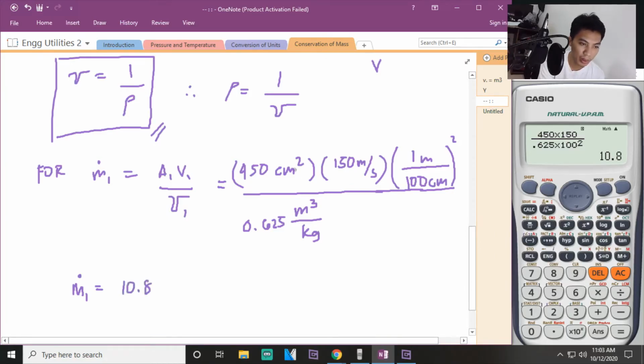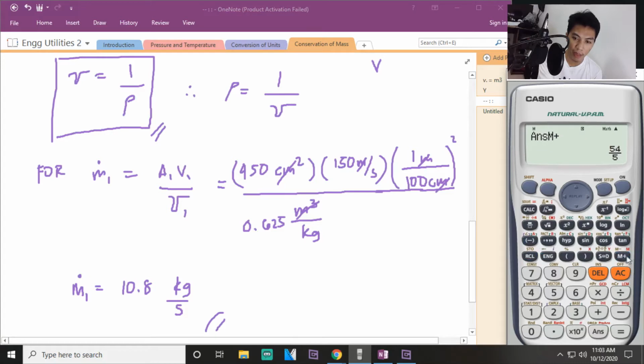Anong unit? Cancel to, cancel sa cubic meter, cancel sa meter, cancel sa meter squared. So, this will be kg per second. Kasi, may reciprocal yan. So, you have M1. Store natin itong value na to kay A para hindi na tayo mag-input pa. Recall A.